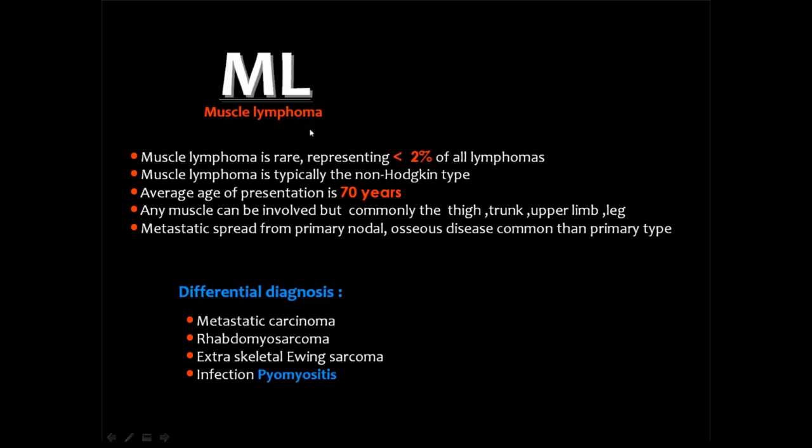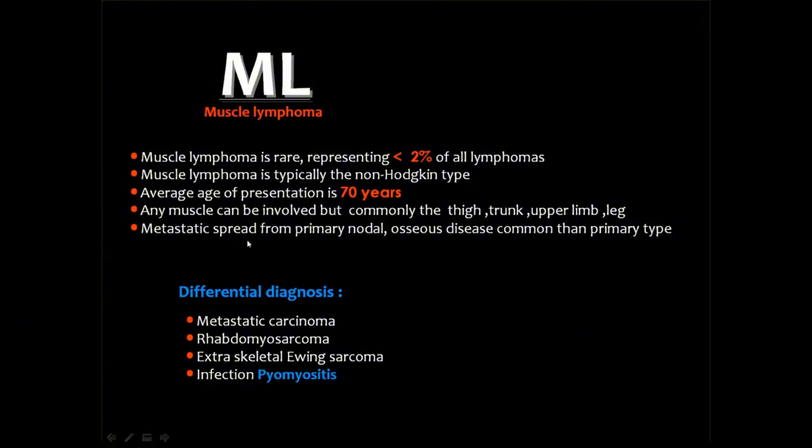Finally, we have a few words about the muscle lymphoma, which is rare, representing less than 2% of all lymphomas. And it is usually of the non-Hodgkin type, and the age of presentation is around 70 years. Any muscle can be involved, but it is commonly seen in the thigh, in the trunk, and in the upper and lower limbs.